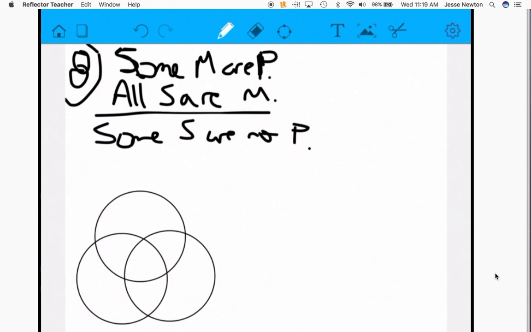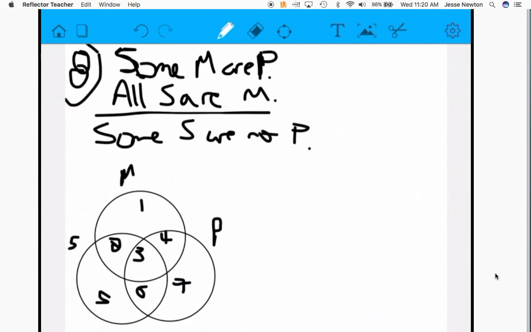Let's get our S, our M, and our P. And then we're going to number our regions: 1, 2, 3, 4, 5, 6, and 7.